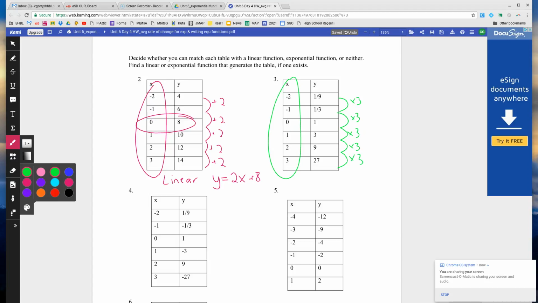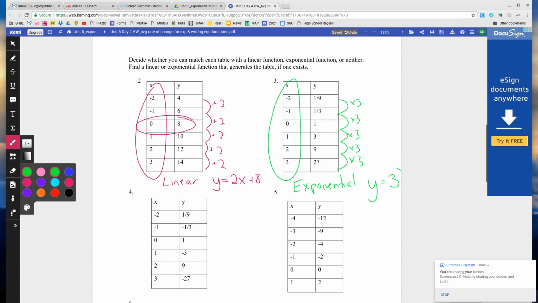If I have a common multiplier, then I know that this is an exponential function. And since I have an exponential function with a common multiplier of 3, I know that my function equation is y equals 3 to the power of x.